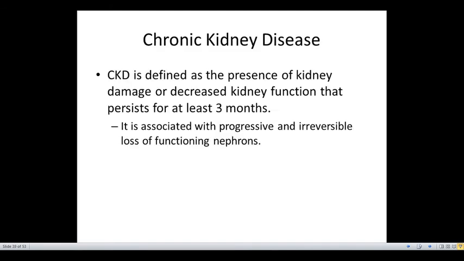Chronic kidney disease is defined as the presence of kidney damage or decreased kidney function that persists for at least 3 months. It is associated with progressive and irreversible loss of functioning nephrons.